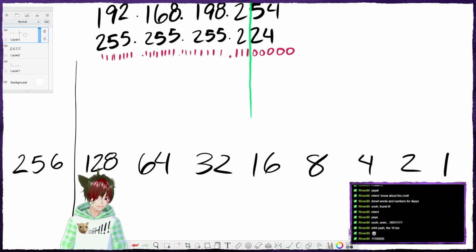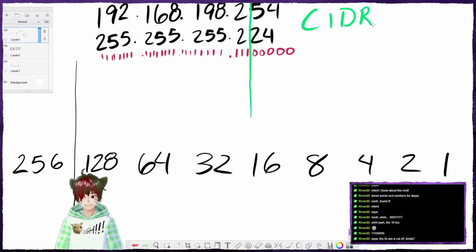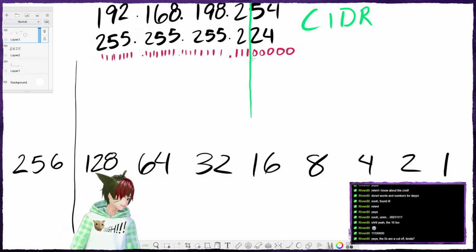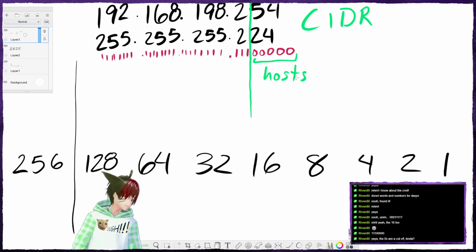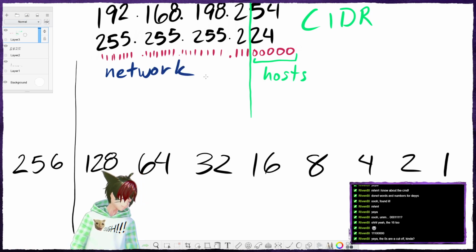There's also another way to annotate how large your network is, using what they call CIDR notation. CIDR notation, and I forget what it's. Yeah, and the zero's a cutoff. Yes. So what that tells me is that these are hosts. This is network.